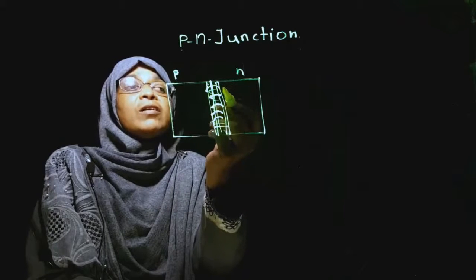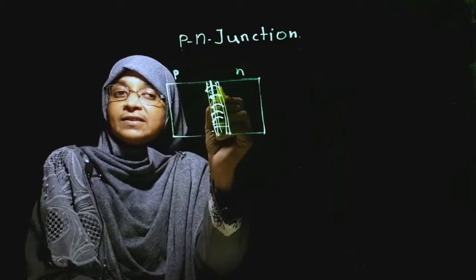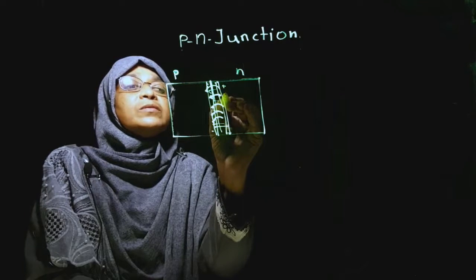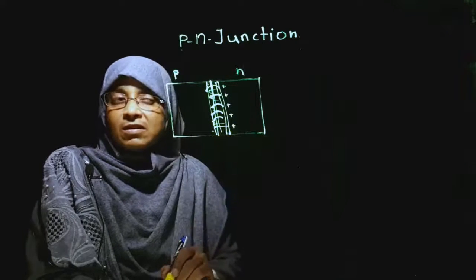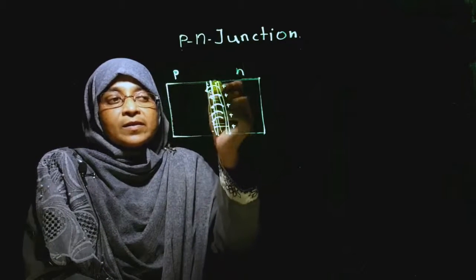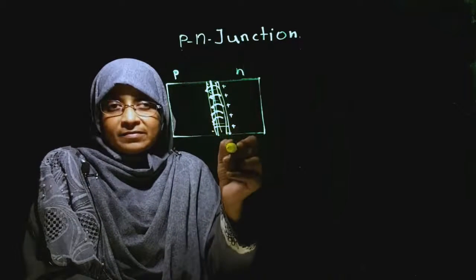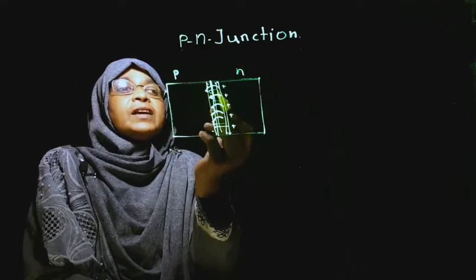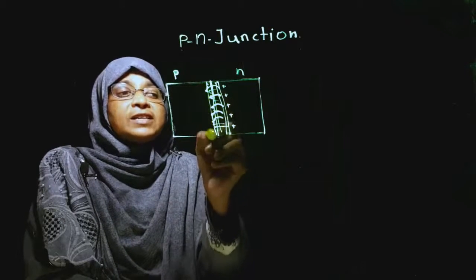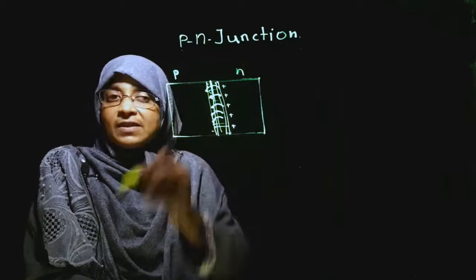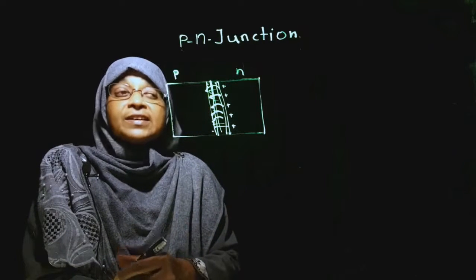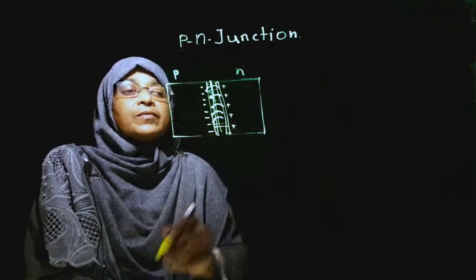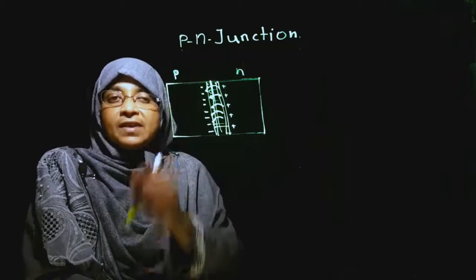As electrons leave this side, it becomes positively charged. Holes align on the inside. And when electrons build up along the line on this p side, it creates a negative charge on the p side.